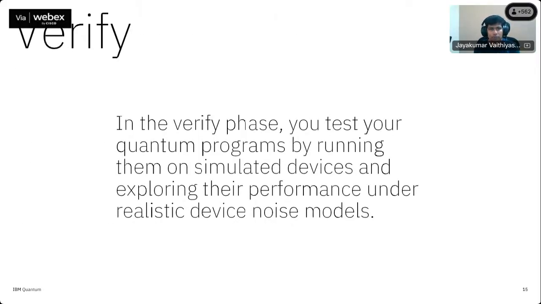Okay. So the next phase is the verify phase, where you test your quantum program by running it on simulated devices and exploring its performance under a realistic device noise model. If you go for simulation, you are simulating the noise model also. So this is an important point. If you go for quantum simulation, you are adding a noise model.